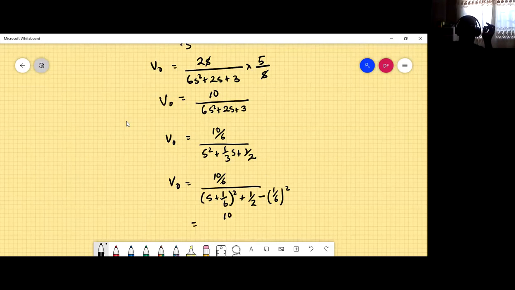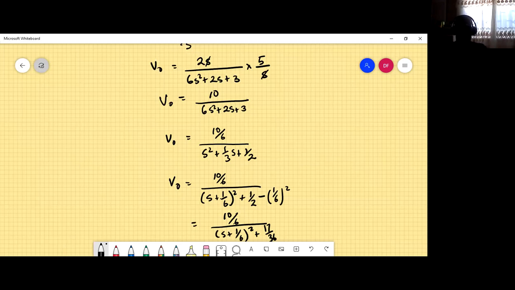So that's 10 over 6 times s plus 1/6 squared plus a half minus 1/6 squared. With my calculator, not stressing any brain cells in a pandemic, I get 17 over 36.